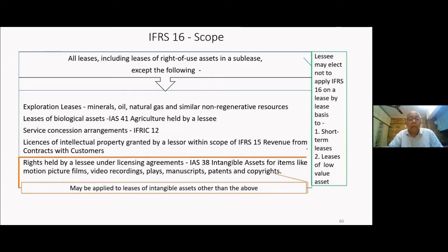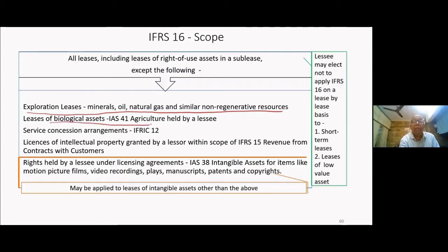Whenever we study any standard, we must understand the scope of it. Lease includes the right of use of an asset, and even a sublease. But the exploration leases, that is mines, gases, oils, they are a very special industry, kept away.